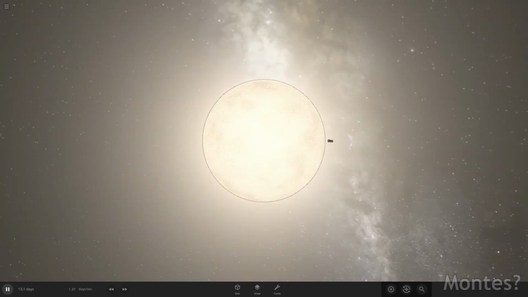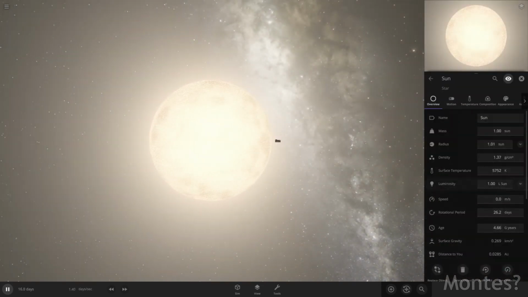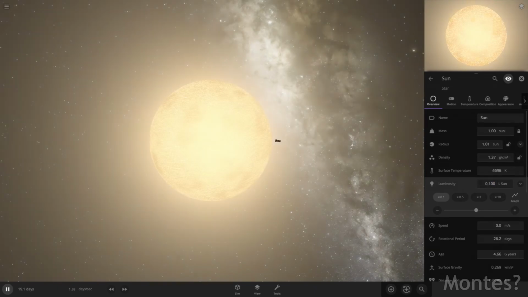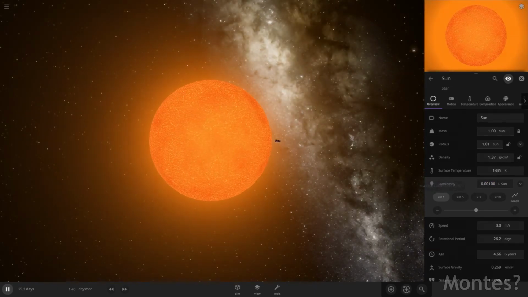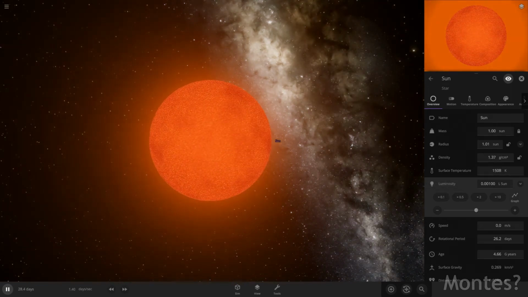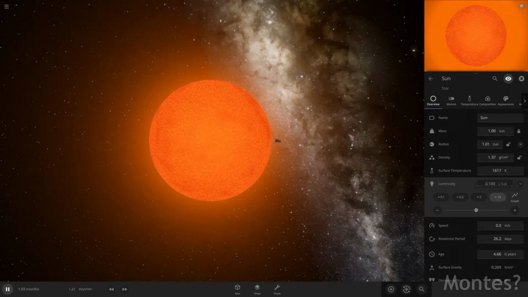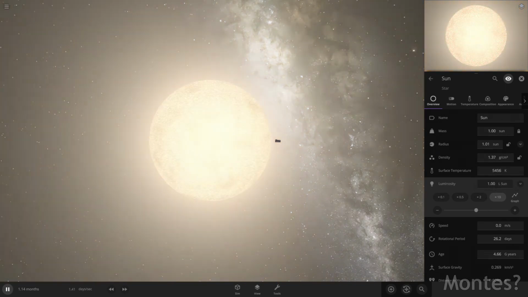The luminosity follows only for the Sun, and other units are quite standard, like Kelvin for temperature, meters per second for velocity, hours, days, and years for time, and so on.